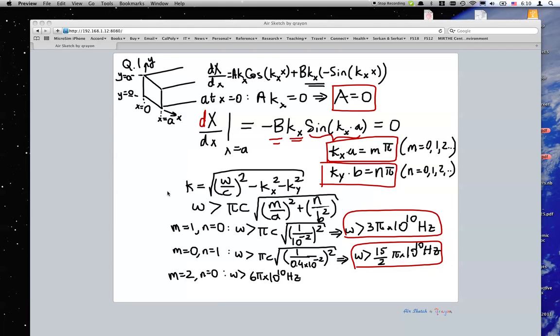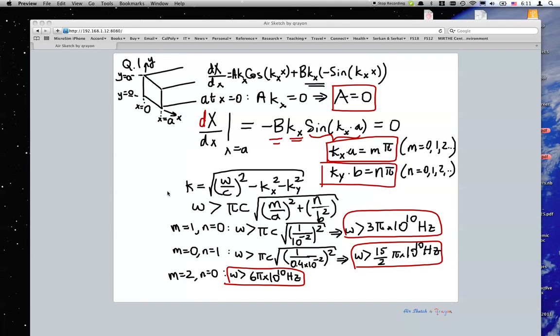Then that indicates that it has to be between m equals 1, n equals 0, and m equals 2, n equals 0. So if I operate at that frequency, only a single mode can propagate.